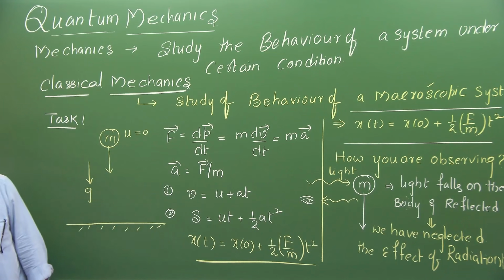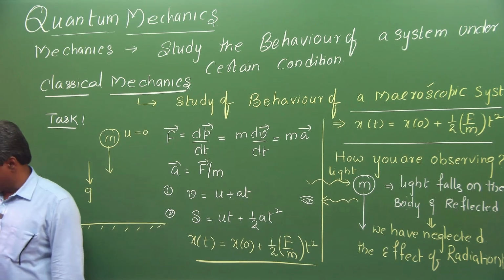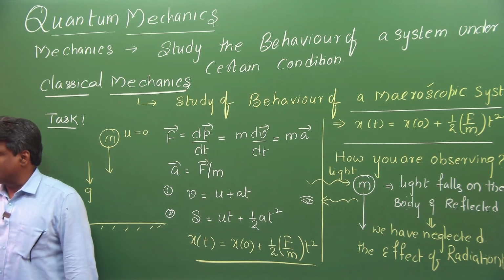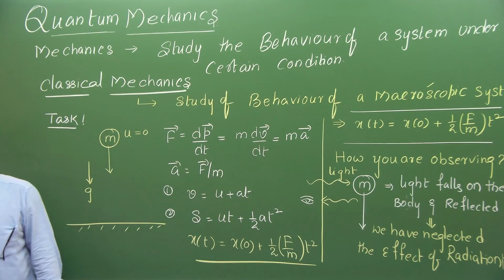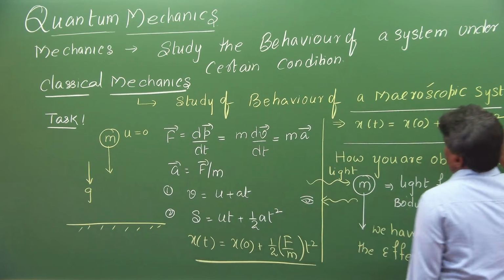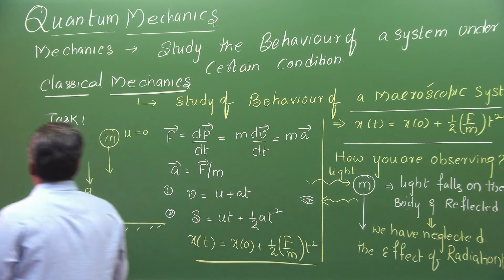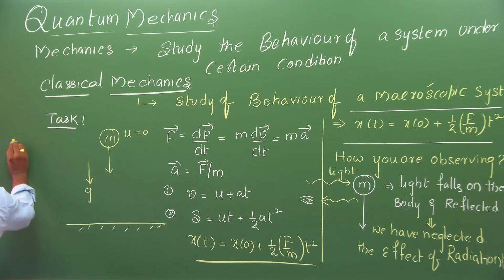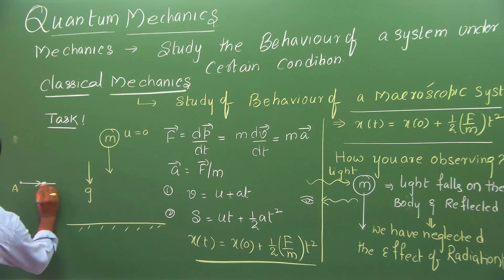What is the basic difference between distance and displacement? Distance is the distance traveled by a body. Displacement is the shortest distance. See here, for example, let us say this is the point A. Babu, you are going like this.